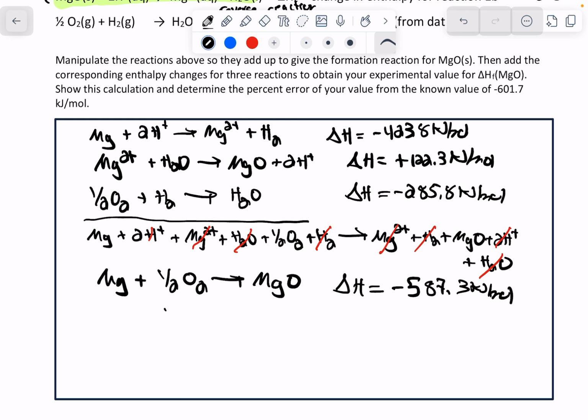And so let's do a percent error, because the actual is up here. The actual is negative 601.7.